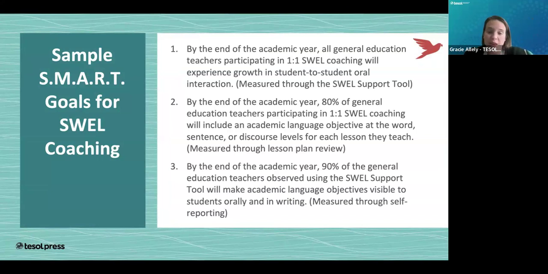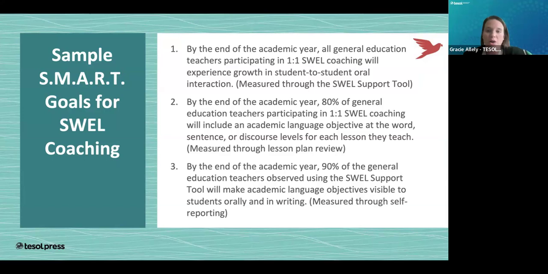Number 2, by the end of the academic year, 80% of general education teachers participating in one-on-one SWELL coaching will include an academic language objective at the word, sentence, or discourse level for each lesson they teach, measured through lesson plan review. Or 3, by the end of the academic year, 90% of gen ed teachers observed using the SWELL support tool will make an academic language objective visible to students orally and in writing, measured through self-reporting. These are just some examples of SMART goals that our SWELL coaches have made before.